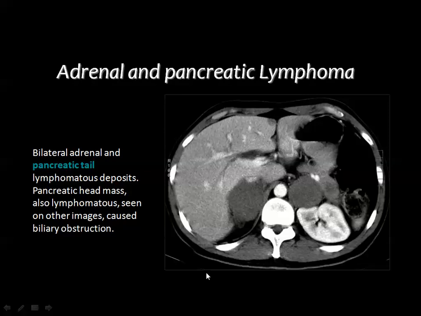And this is bilateral adrenal lymphoma with involvement of the pancreatic tail. Of course, you cannot say the diagnosis from this image, but you need some information about the clinical picture of the patient. And if you cannot reach the diagnosis, then you may go for biopsy.